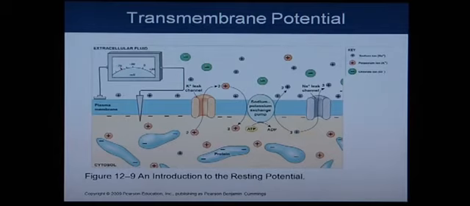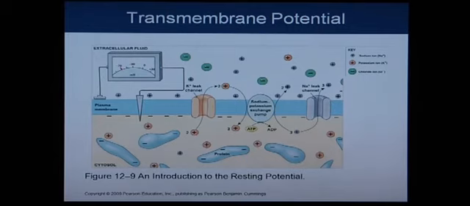Remember that passive transport happens when we've got more of one thing on one side of a membrane than we do on the other side. Wherever there is a higher concentration, remember concentrations will move from high to low. So we've got a lot of potassium inside the cell, so it's going to slowly leak to the outside. And we've got a lot of sodium on the outside of the cell and not very much on the inside, so it's going to constantly be leaking inward.